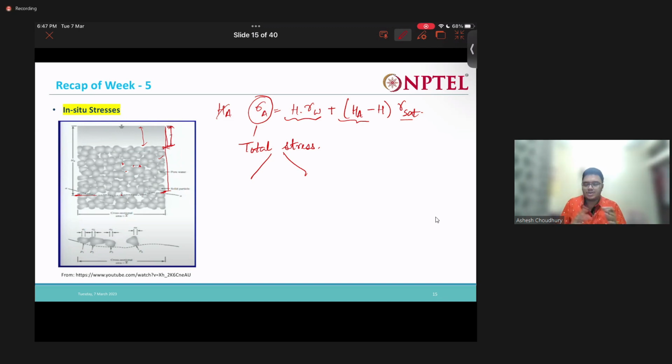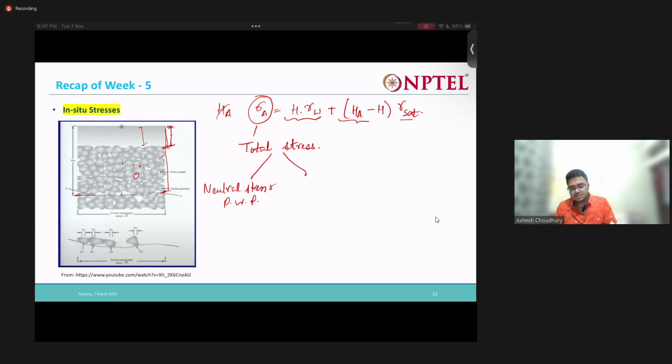So due to this, some of the stress will actually be carried by the water. That is known as the neutral stress, or the pore water pressure, PWP. Because the water is inside the pores, that's why we are calling it pore water pressure or the neutral stress. And the other stress will be carried by these grains.